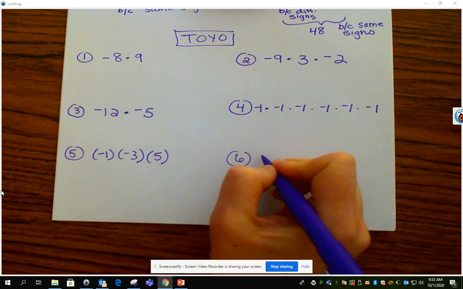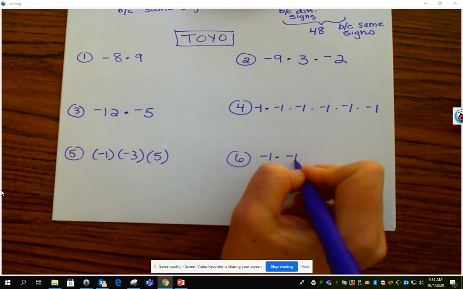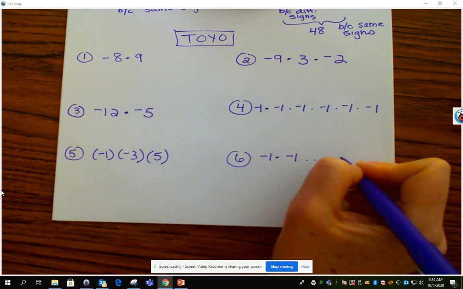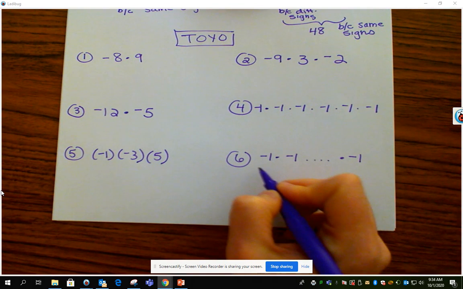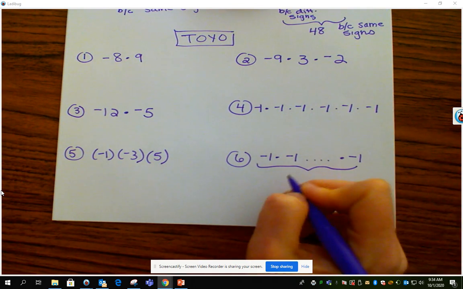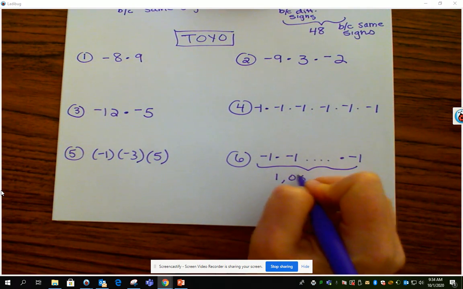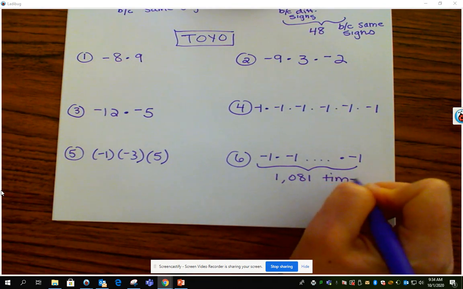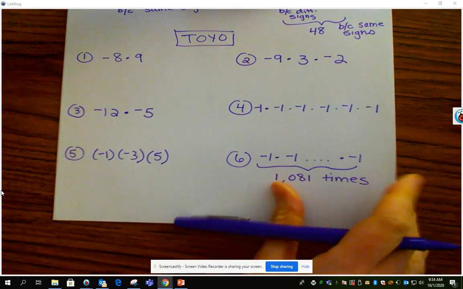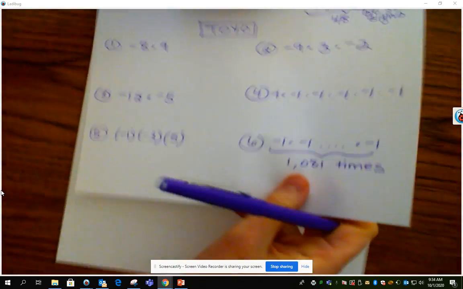Number 6 is going to be negative 1 times negative 1, dot, dot, dot, times negative 1, and all together, this will be 1,081 times that those are multiplied together.